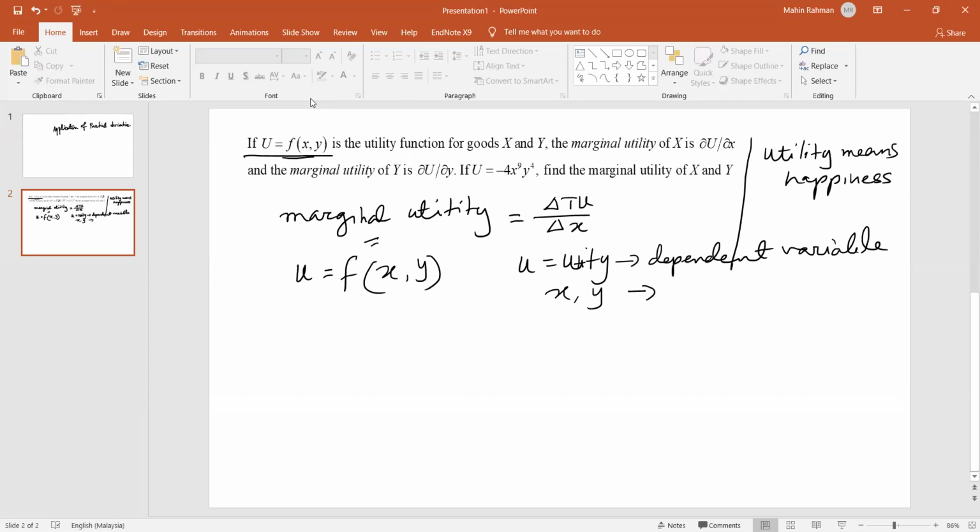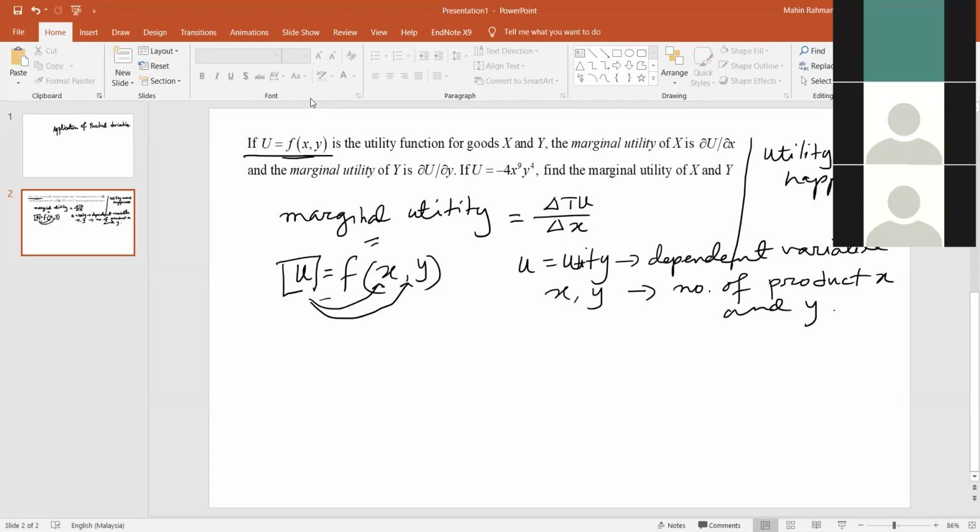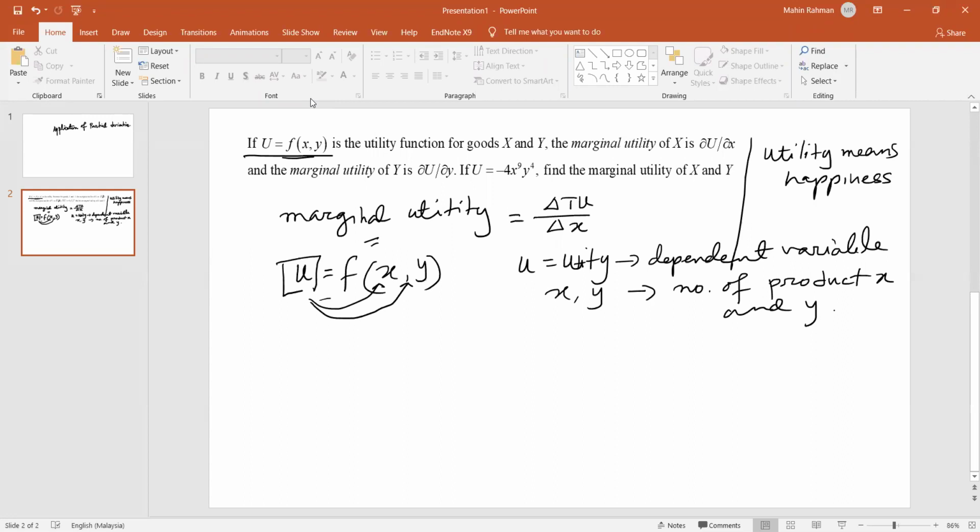X and Y indicate the number of products. So utility, as a dependent variable, depends on two independent variables, the number of X and the number of Y. In this case, when we calculate the marginal utility, there will be two marginal utilities, one with respect to X, another with respect to Y. The marginal utility with respect to X is the change in total utility divided by change in X, but here Y is constant.